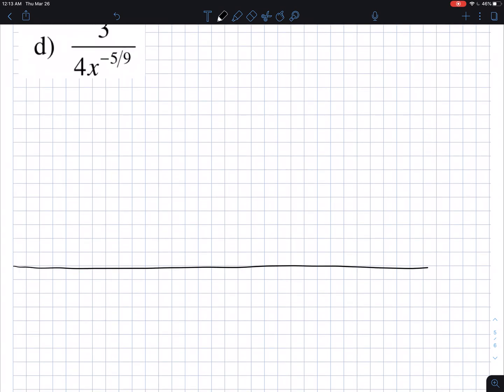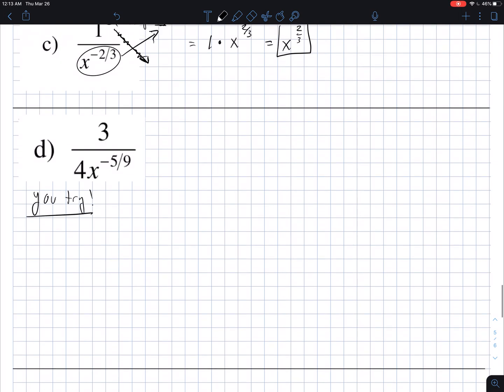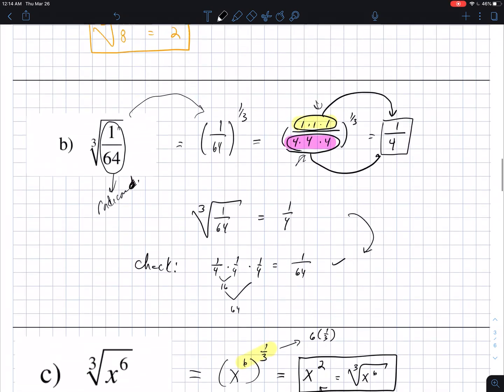Why don't you try this? All right, see what you get. Just remember, let me give you a hint real quick, because I know someone's going to do this. Remember, the negative 5/9 is only attached to the x, the base, not the 4. So that's my little hint to you. So you try that one out.